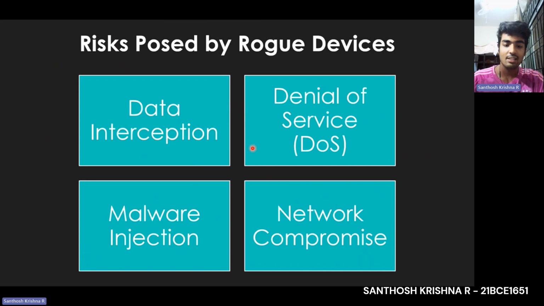Additionally, attackers can use these devices to inject malware into the network, which could compromise data and critical systems. Rogue devices can even provide a backdoor for attackers to gain unauthorized access to the network.